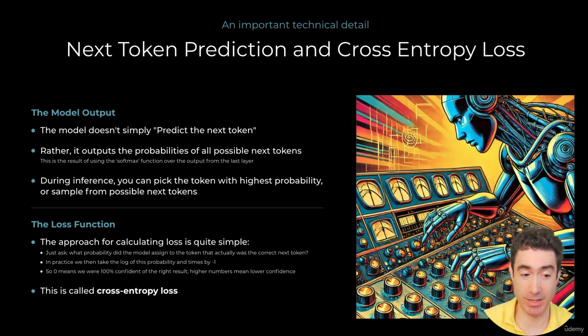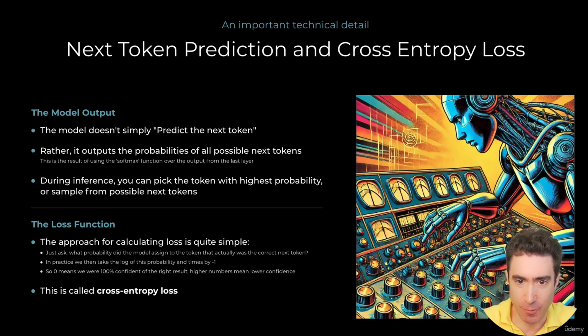So you take -1 times the log of that number. And if you work that out, that means that if that number is 1, if it's 100% probability, then you get 0. And that sounds good because you want 0 loss. Loss should be nothing if you were perfect. And then the lower your probability is, the higher that loss number will be. So taking negative log of the probability is a way of having a good, well-behaving loss function.